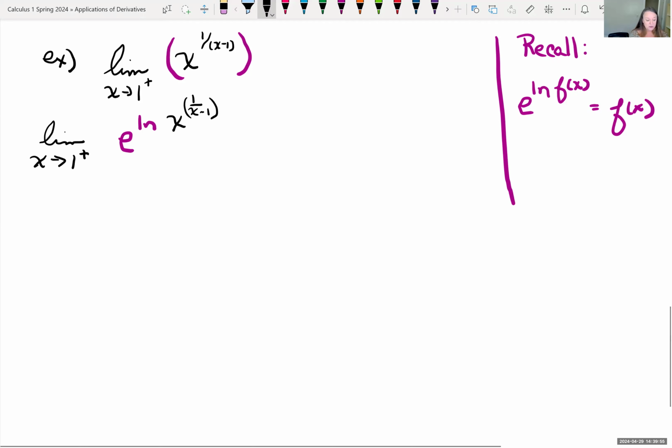So I'm going to use properties of logs that says we can take our exponent of our argument and bring it down in front of the natural log.